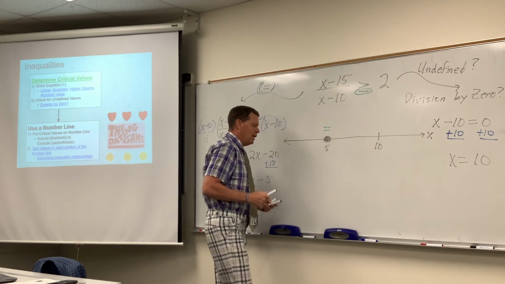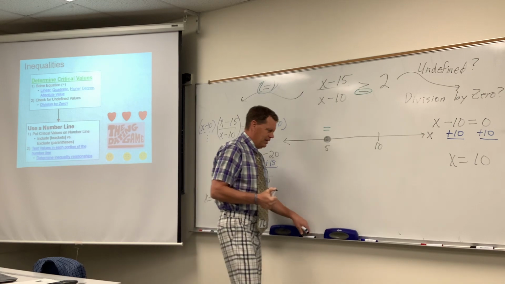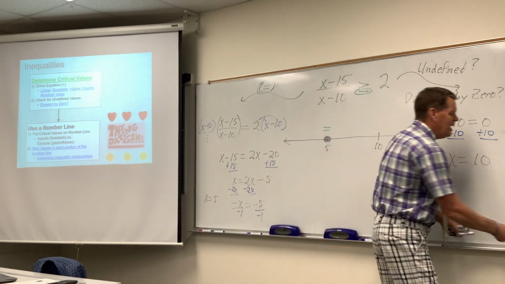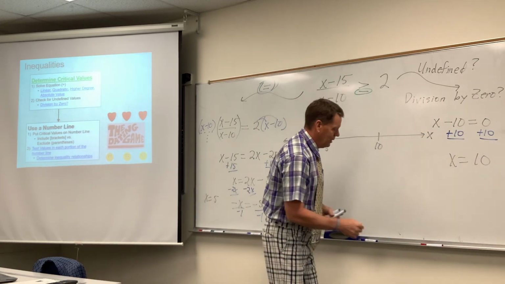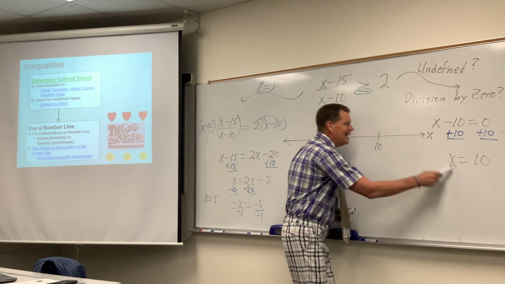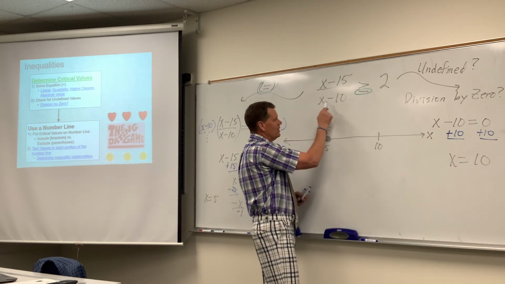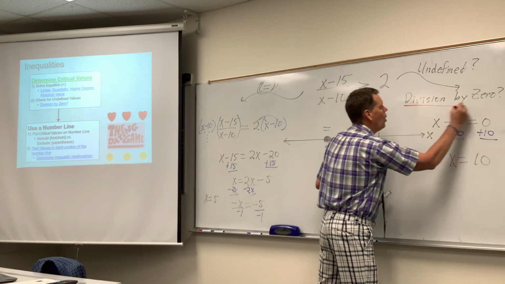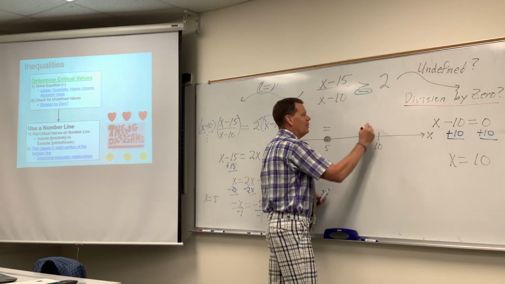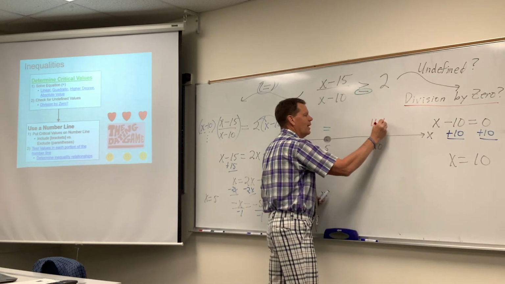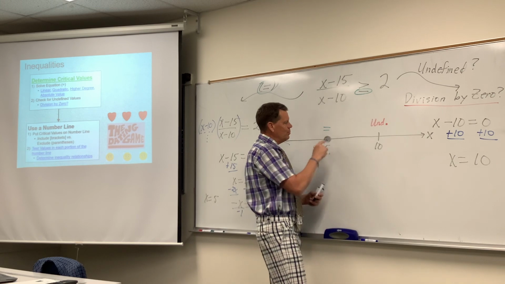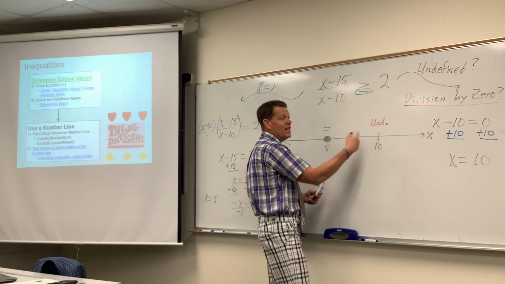Because of the equal. Now, as far as undefined, undefined is never something we want in math. 10, if you stick it into this question, is going to cause division by 0. And that's always, always, always bad. So I'm going to label that as UND for undefined. I don't know if you can see the colors, but green works in the question. Red does not.